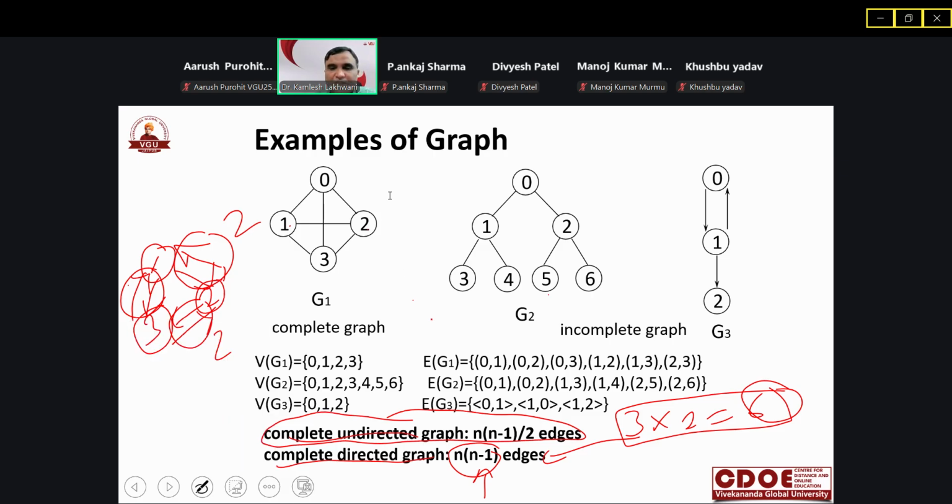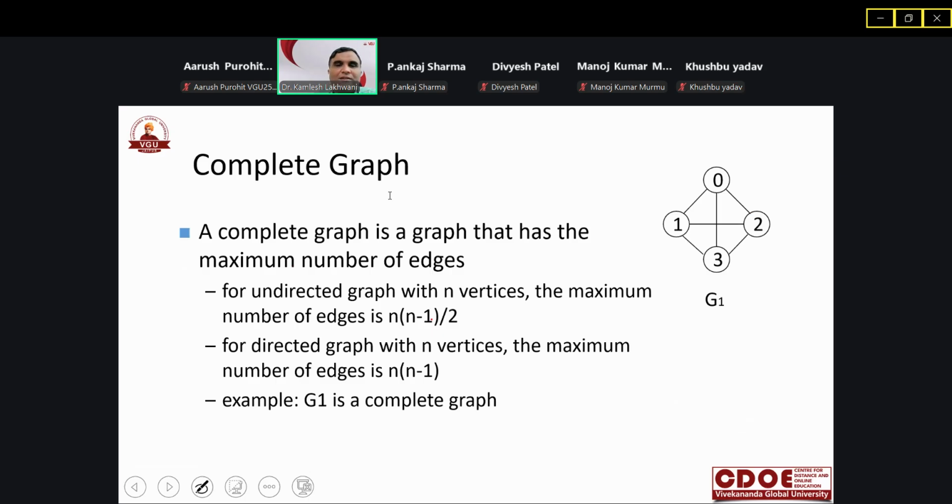So just move to the next slide, complete graph. So what is a complete graph? A complete graph is a graph that has the maximum number of edges.